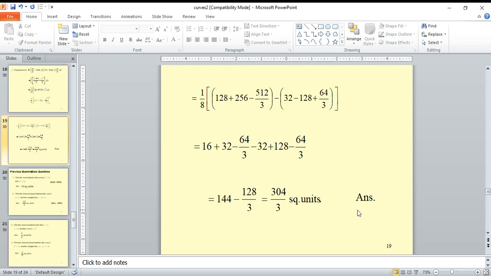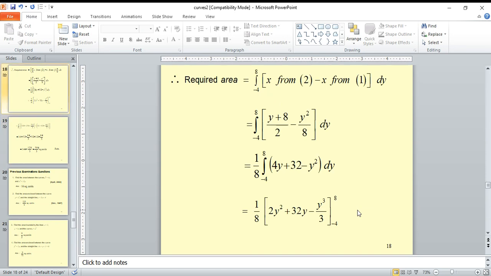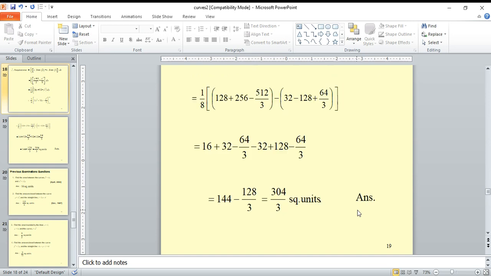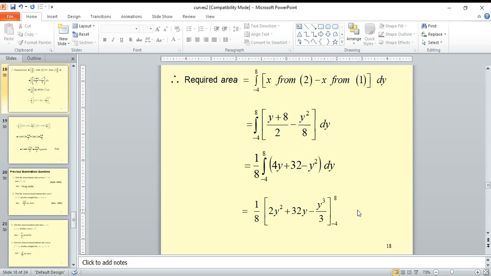Apply upper interval and lower interval. 1 by 8, 2 into 8 square plus 32 into 8 minus 8 cube by 3, minus 1 by 8 common, 2 into minus 4 square plus 32 into minus 4 minus minus 4 cube by 3.